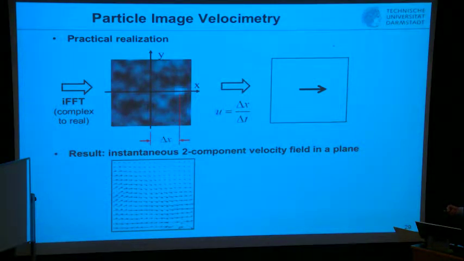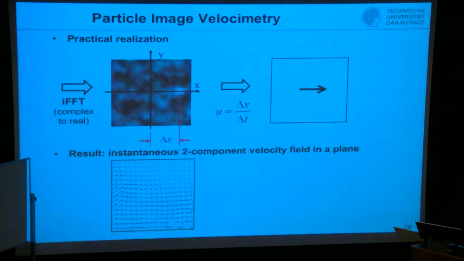spatial domain, where you now see the correlation map of these 2 interrogation volumes, where the correlation peak seems to be here. So the most probable shift is in this direction. In this example, it was only in the x direction. Of course, if the correlation peak would be somewhere here, it would be the shift in that direction.